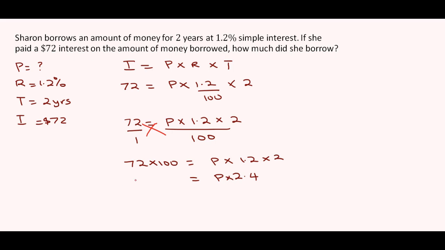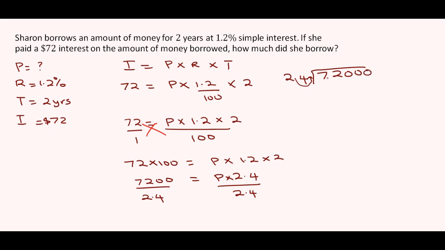Okay, so this is 7,200. Now we can divide by 2.4 on both sides. 7,200 divided by 2.4. So because I'm going to change the divisor to a whole number, I'm going to move our decimal one place here. So that means I'm going to put a 0 at the end here.